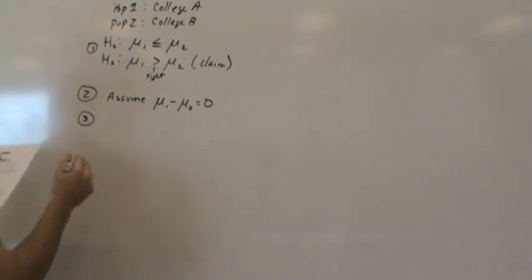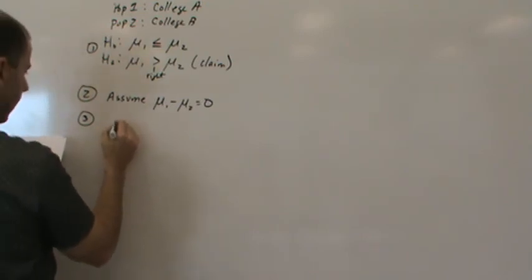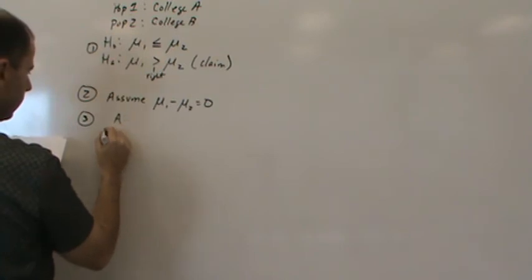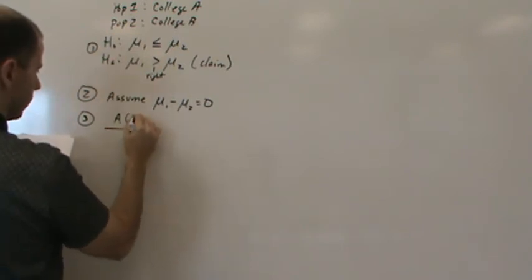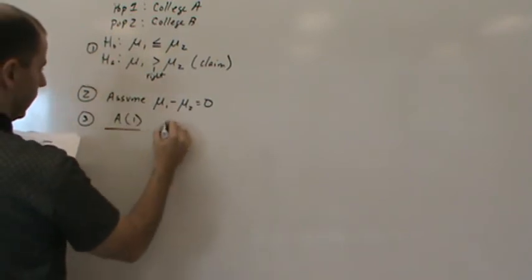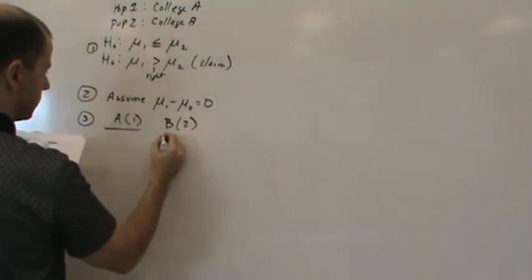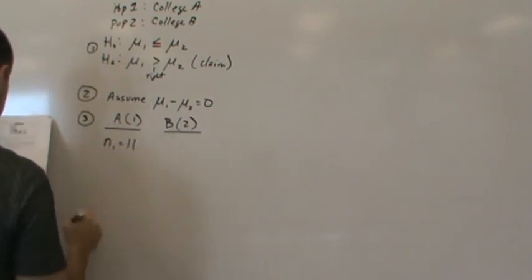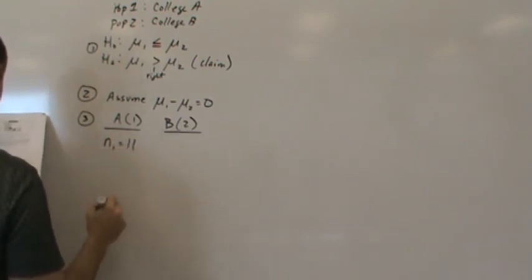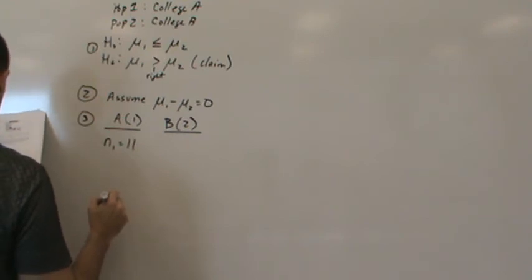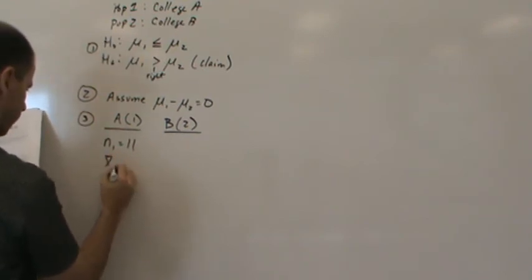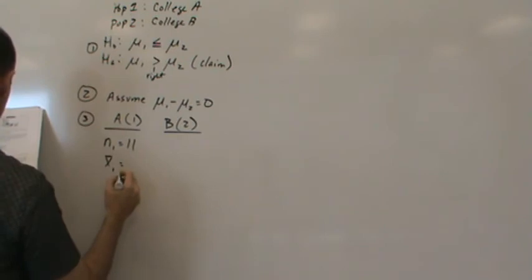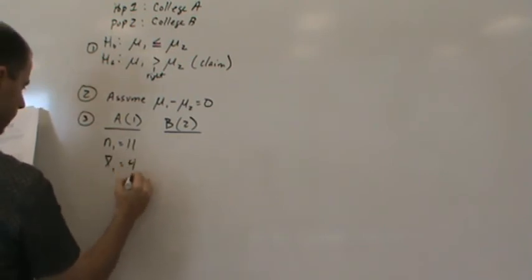Here's the way I'm going to write it down. So we have A, which is population 1, and we have B, which is population 2. So for A, N1 is 11 because they sampled 11 graduates. The average X bar 1 for these 11 graduates was 4.